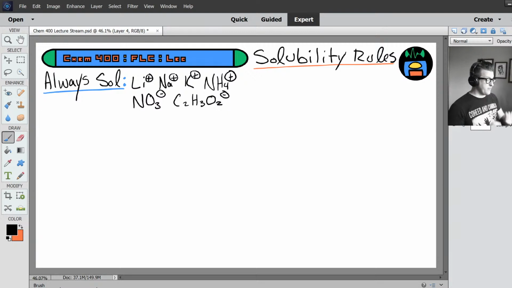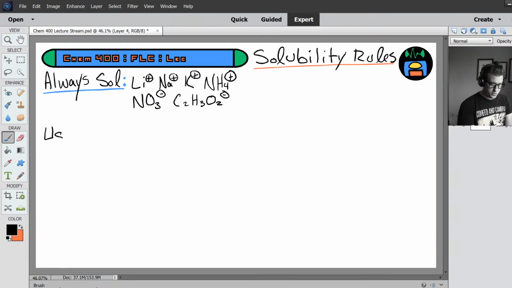Covalent compounds are just covalent compounds. They don't break up in water because they're not a cation and an anion together. But aqueous ionic compounds, that is correct. They don't stay together. They just float apart in solution. So aqueous ionic compounds, these are always soluble.